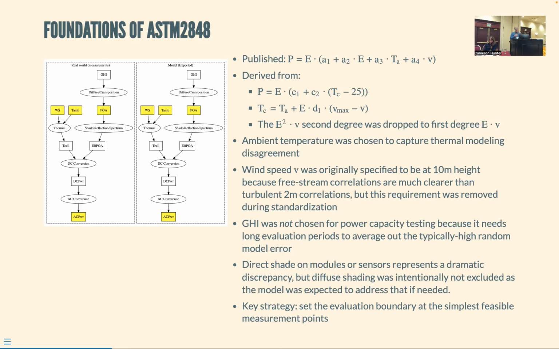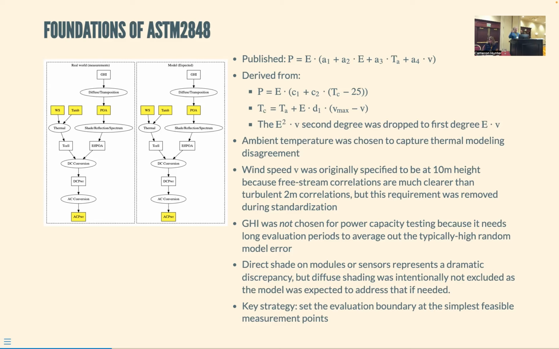I'm also going to point out, and this is relevant, that ambient temperature is part of ASTM 2848. If you take a PV system and you mount and install it, and lo and behold, there's no ability for air to get in the back, but your model assumed that plenty of air could get back there and cool it, then the module will be hot.